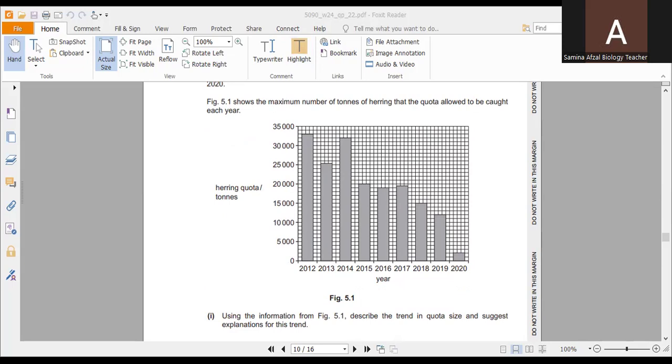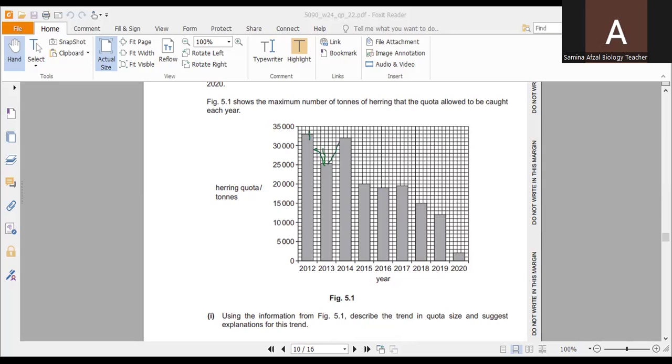Here you can see from 2012 to 2020, the herring quota started from about 30,000 tons and then started decreasing. In 2013, it reached 25,000.